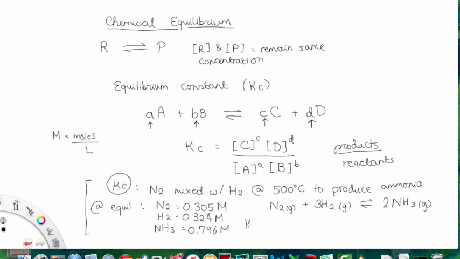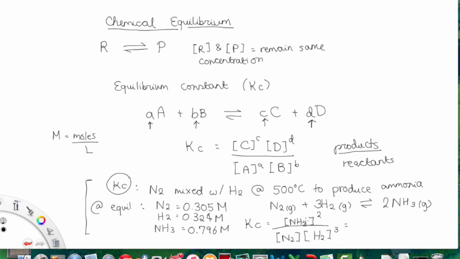Now the Kc is going to be the concentration of the products over the reactants. NH3 is the product. Don't forget the coefficient, which is 2, over the reactants, where we have N2 and H2, don't forget the coefficient, which was 3. Then we just plug and chug.